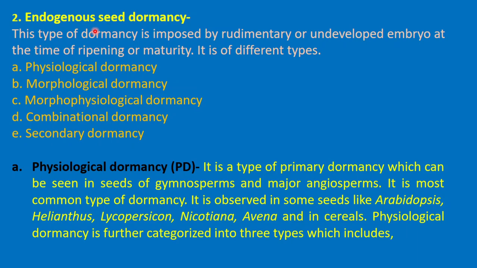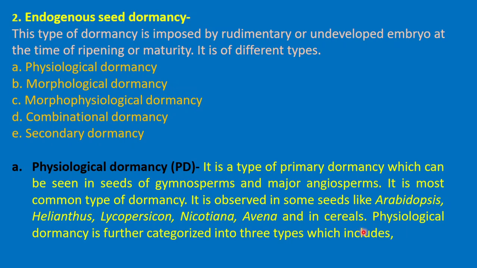It is a type of primary dormancy which can be seen in seeds of gymnosperms and major angiosperms. It is the most common type of dormancy and is observed in some seeds like Arabidopsis, Helianthus, Lycopersicon, Nicotiana, Avena, and in cereals.